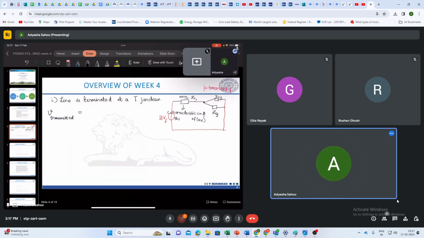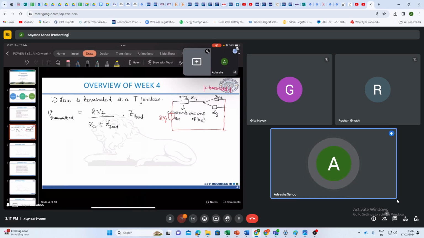That was 2VF by ZC1 plus, earlier I was calling it Z load or ZL, multiplied with ZL.